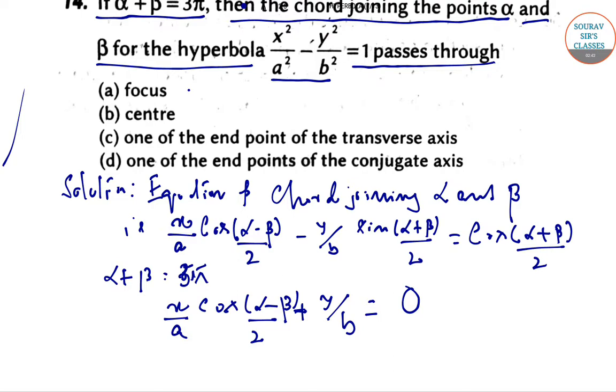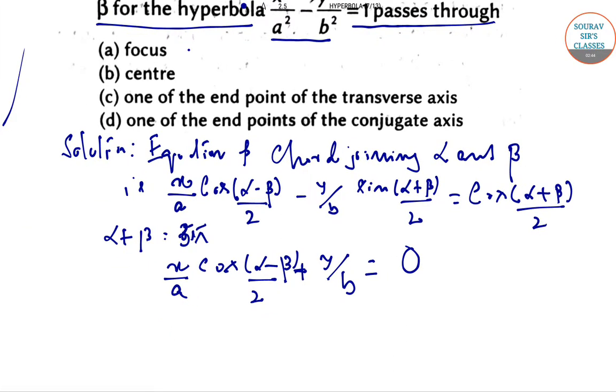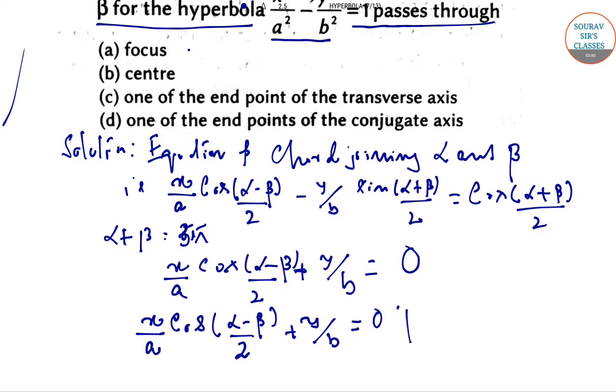So that becomes your equation: x by a cos alpha minus beta by 2 plus y by b is equal to 0, and that passes through what?